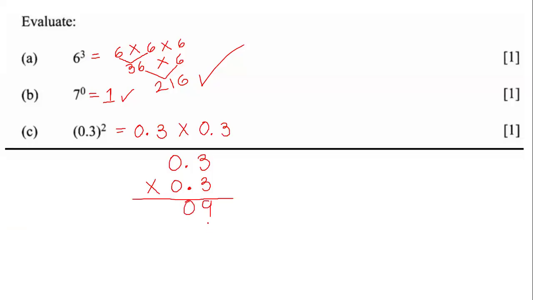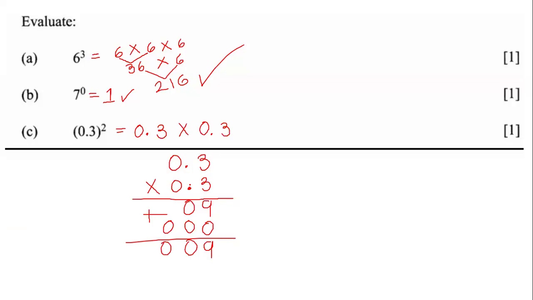Put the 0 down. 0 times 3 is 0. 0 times 0 is 0. We add it. Put the 9 down. Put the 0 down.